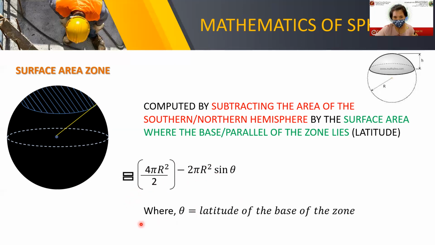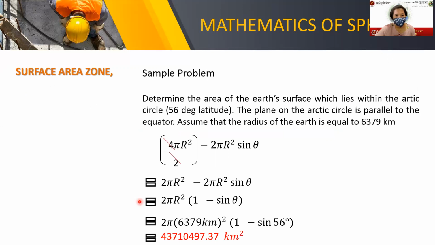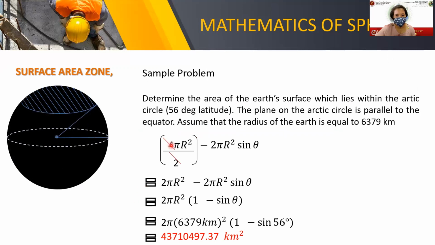So I have here a sample problem. Determine the area of the Earth's surface which lies within the Arctic Circle, 56 degrees latitude. Meaning the base is at 56 degrees latitude.